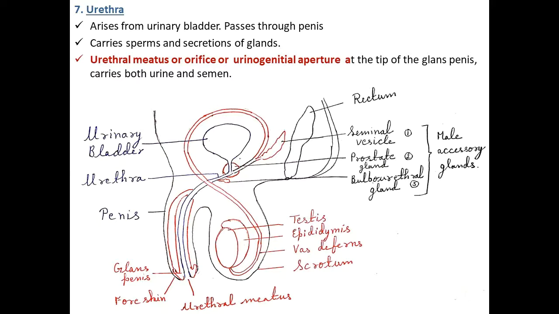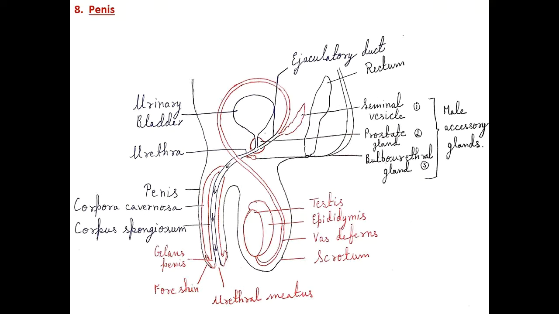So that opens here. All these glands and ducts open into the urethra, and the urethra opens at the tip of the penis by the aperture called urethral meatus. Clear, this diagram, I think, all the components.